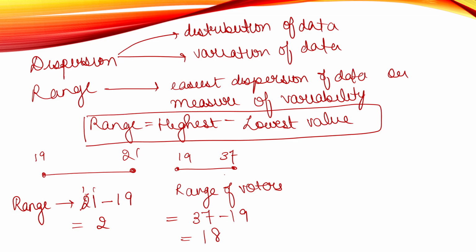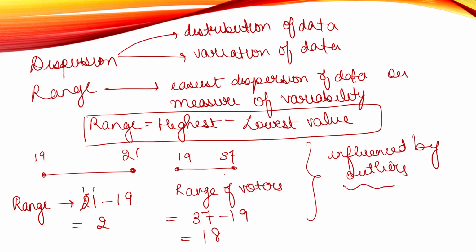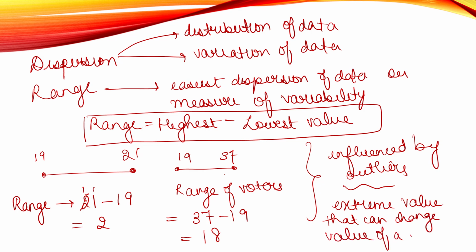Now this range is often influenced by outliers. Let's introduce this term, outliers. What are outliers? Outliers are extreme values that can change the value of a range.